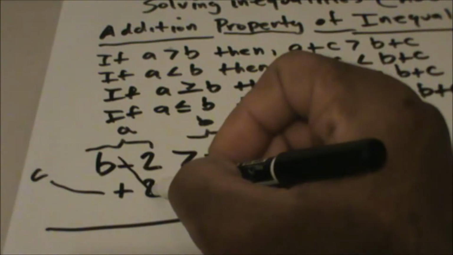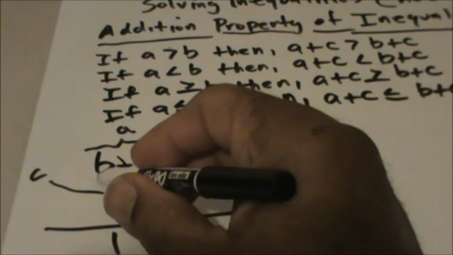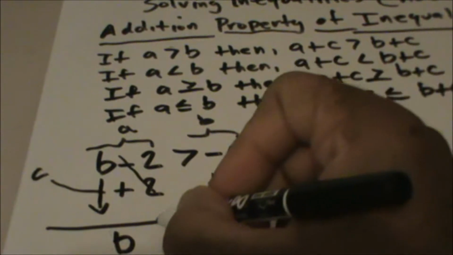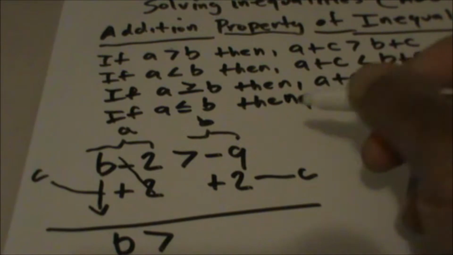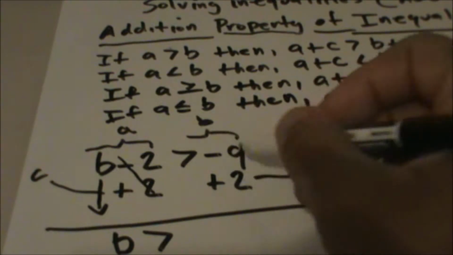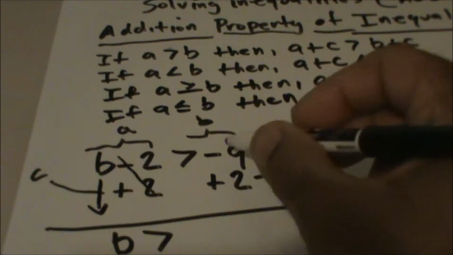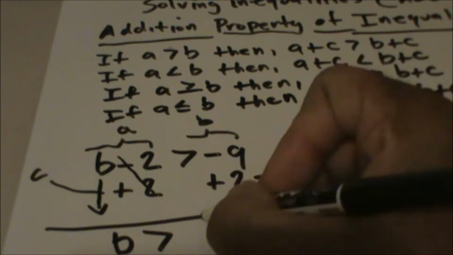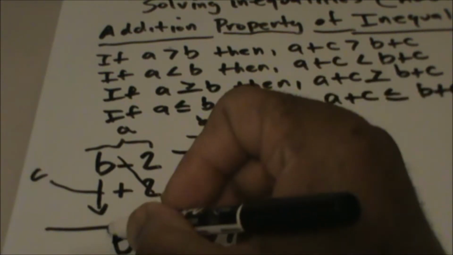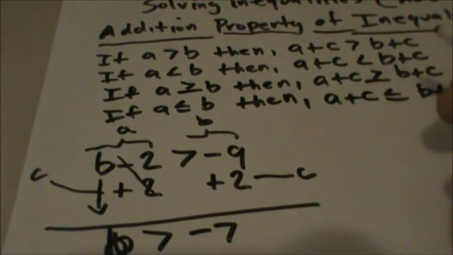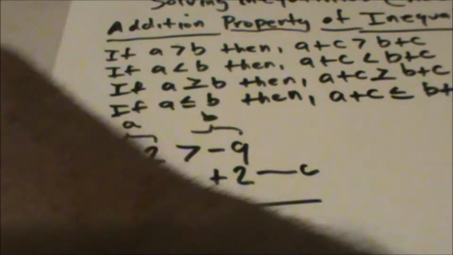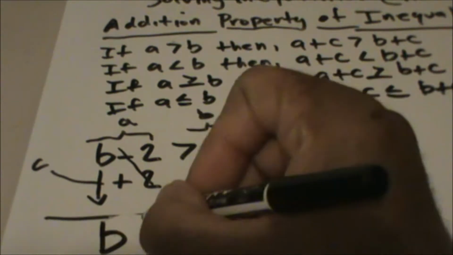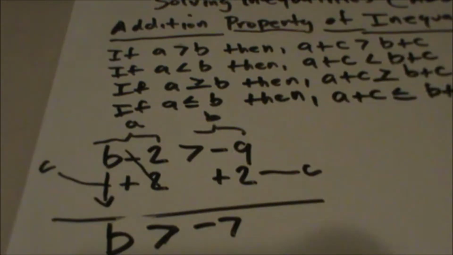This causes this to cancel. So you bring down your B, and then you bring down your inequality sign, which is greater than. Then this is negative 9 plus 2. Opposite signs, more negatives than positives, so you have negative 7. So your answer is B is greater than negative 7.